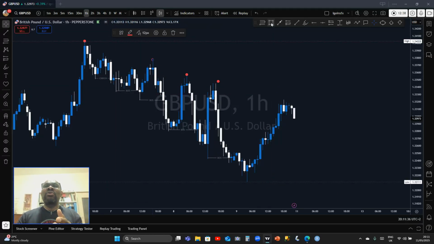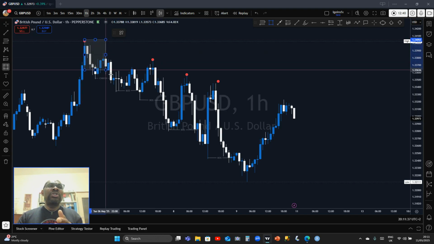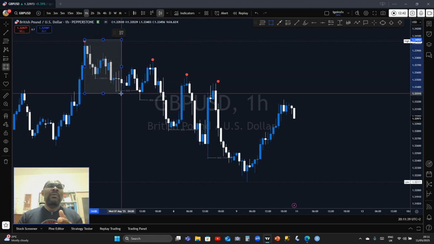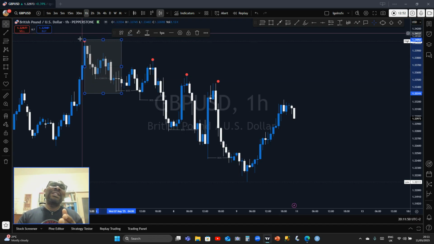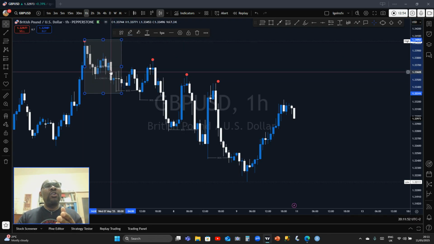This is where structure took shape. The first break of structure is this one. Now, once something like this, he created a support, he pushed to the upside, he failed to take out this high. He now comes, takes out this low, this support. That means it has established the structure.